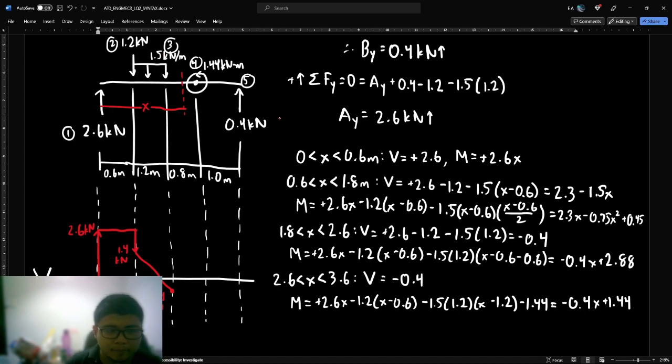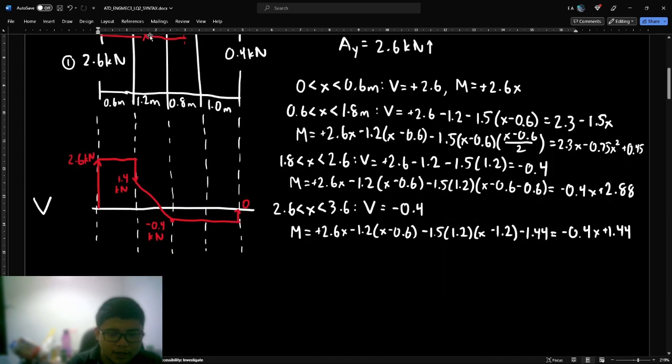So this would become 2.6 minus 1.2 minus 1.5 times 1.2, which would lead us to minus 0.4. Now, the next loading situation for shear would be at the very end, where it goes back to 0 kilonewtons. So this will be our shear diagram.